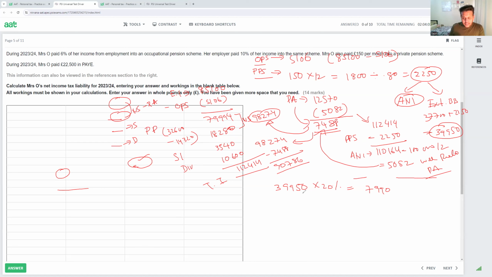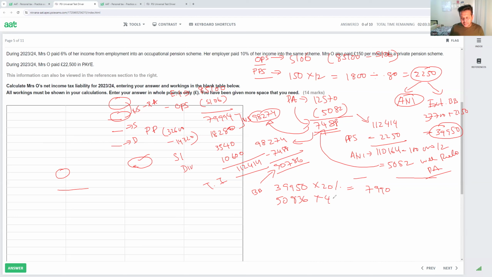So we have 39,950 for the basic band. Then the remaining from here will be my non-saving at the higher rate. So 90,786 minus 39,950 gives me 50,836.